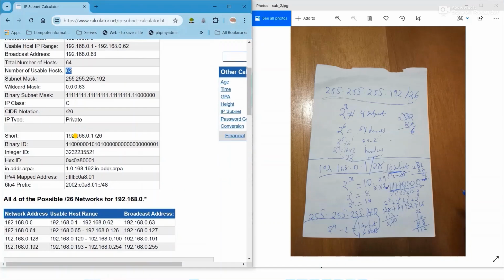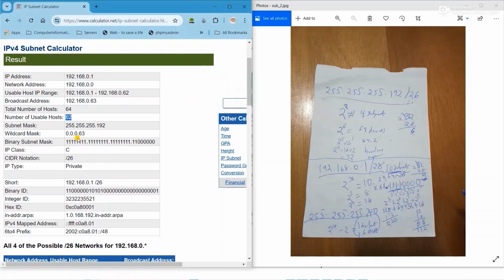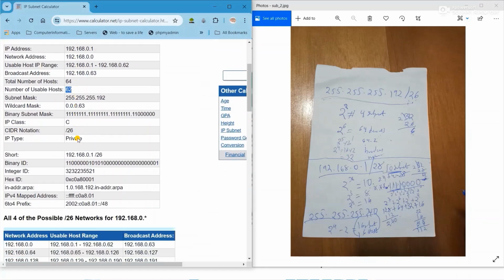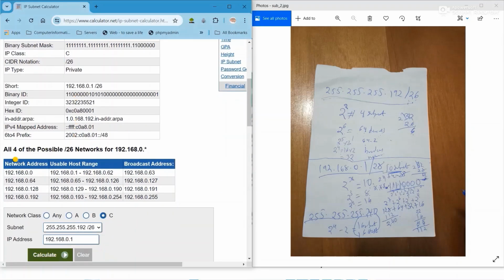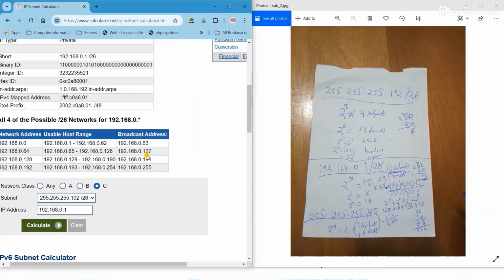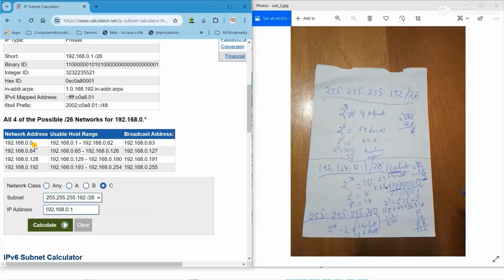It also gives you the total number of networks, for all 4 possible 26 networks for the 192.168.0 IP. It starts at 0, then 64, then the next 64, and so on. This is the first usable IP address, then the next set of usable IP addresses.